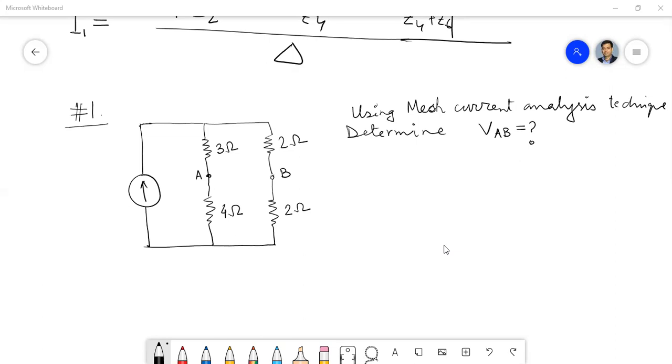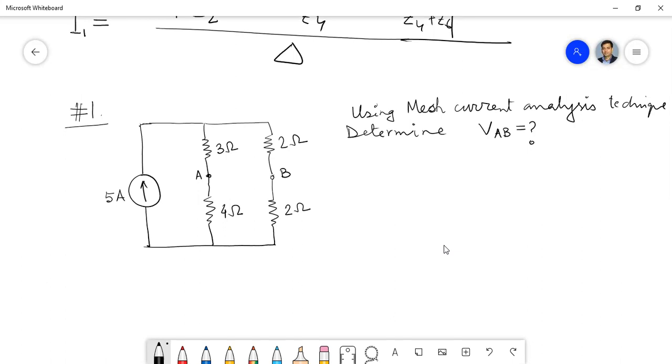So you have to convert this current source first to a voltage source, as I discussed in the first class. Sorry, here we haven't mentioned the current value. Here we can take any of the branches.